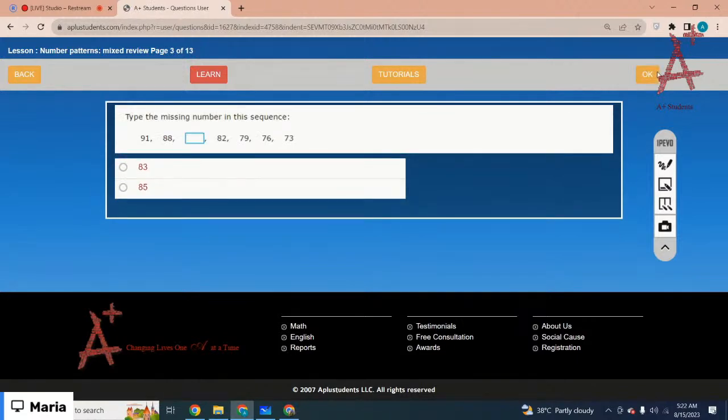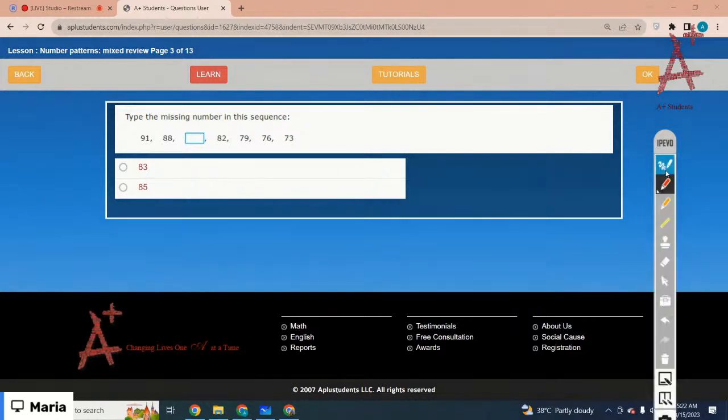Okay, type the missing number. Okay, they are decreasing. 91 and 89, they are decreasing by 3, I think. Let me just confirm. 91 minus 3 is 88.